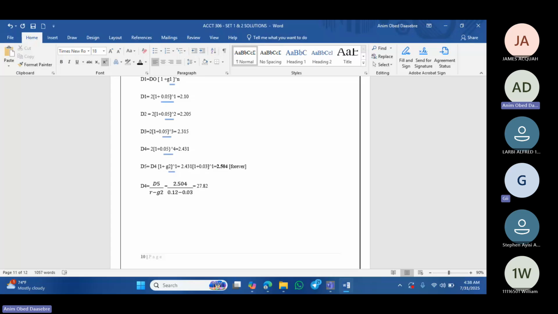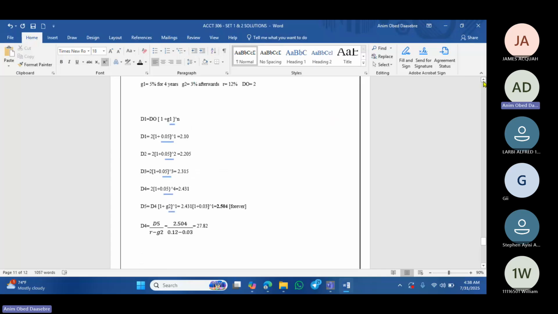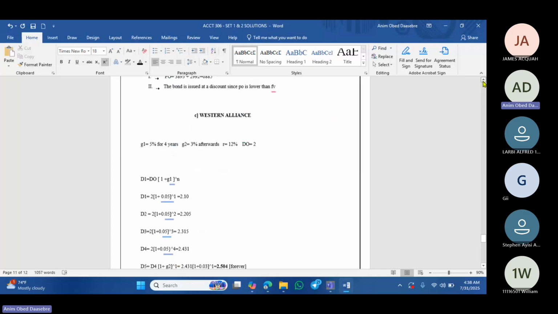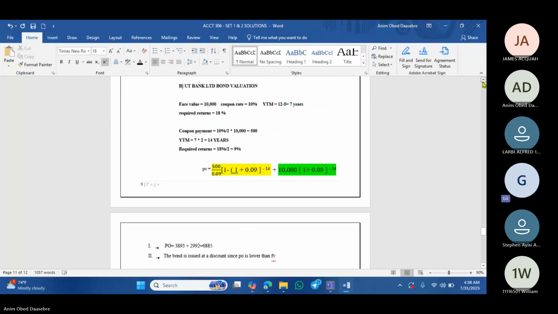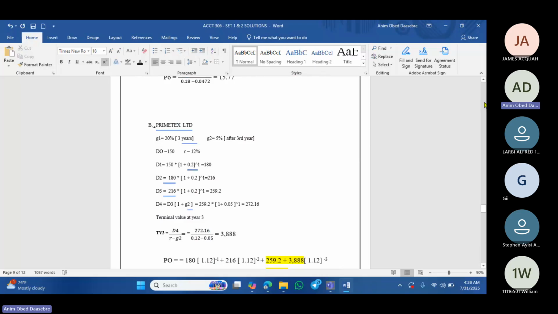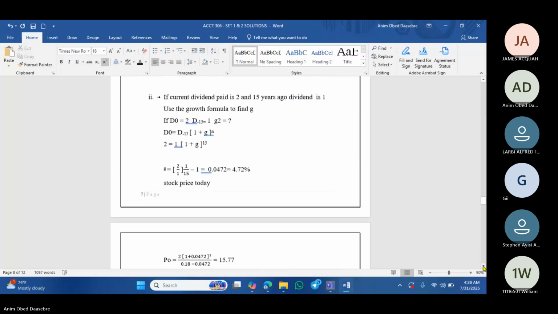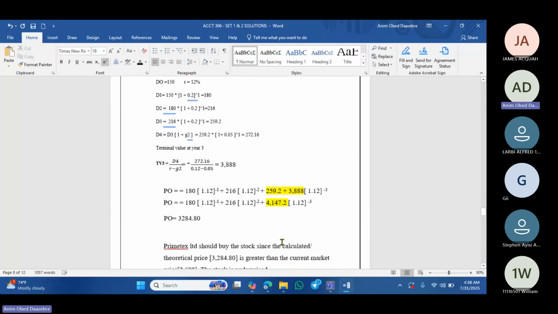So discount all of the dividends to year 0. Let me get a pricing formula somewhere here.